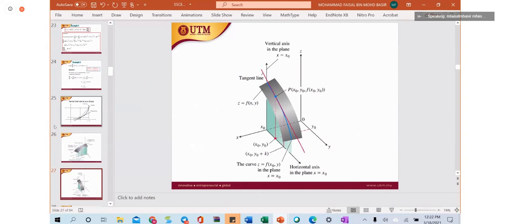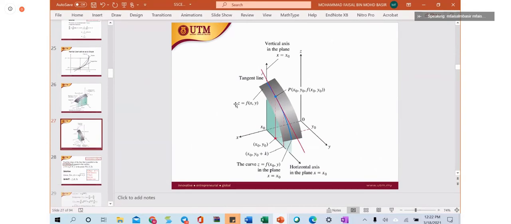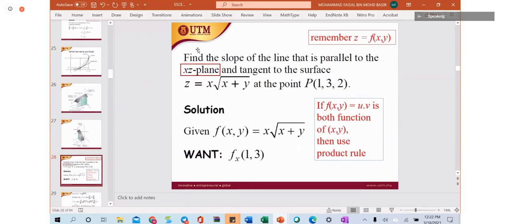Because these are surfaces now, you cannot treat this as a line. It's a surface. Okay? Because we have 3D now: x, y, z. Find the slope of the line that is parallel to the xz plane. Remember, parallel to the xz plane means y is constant.